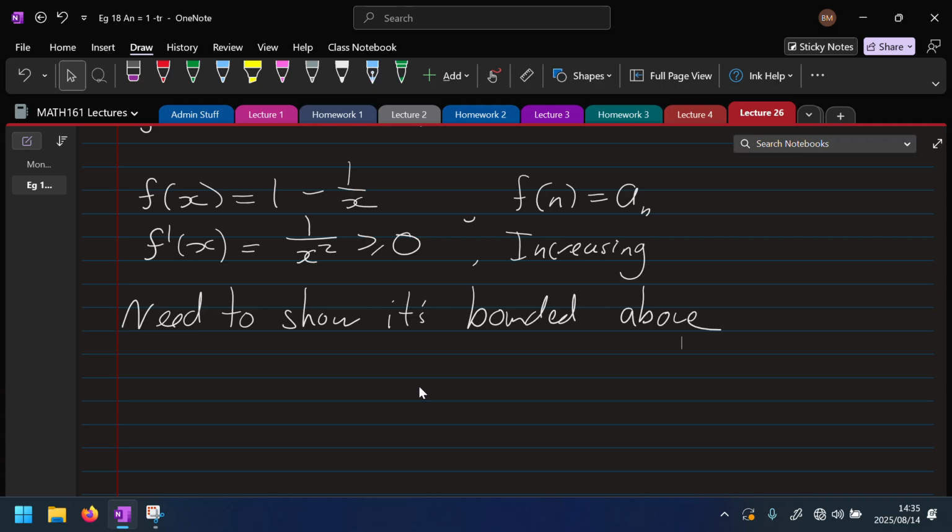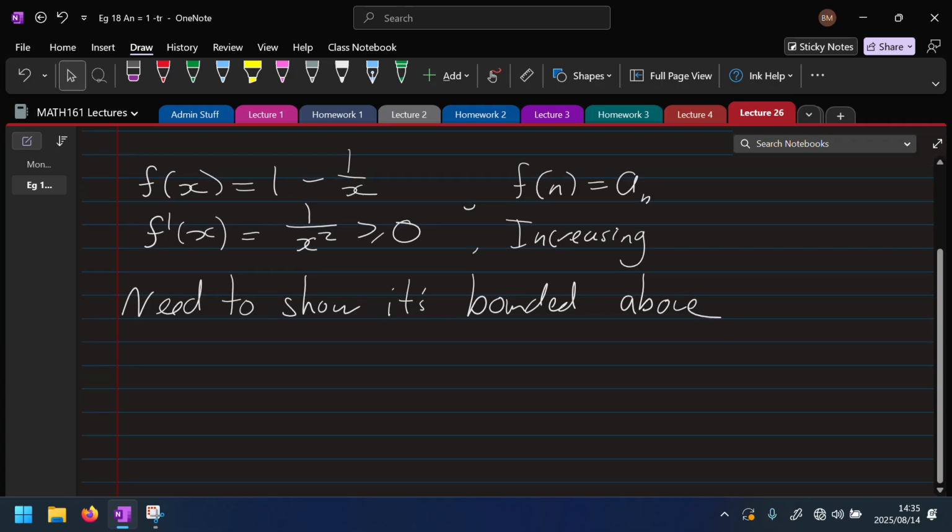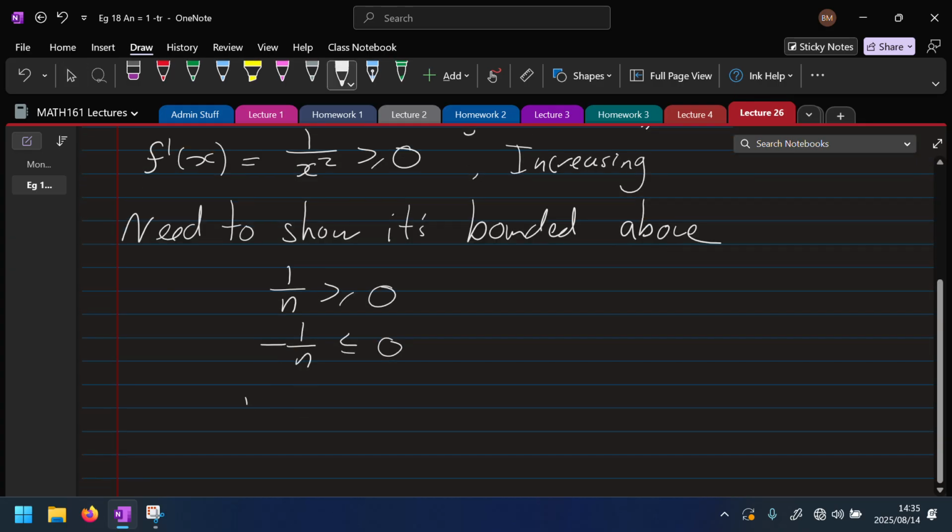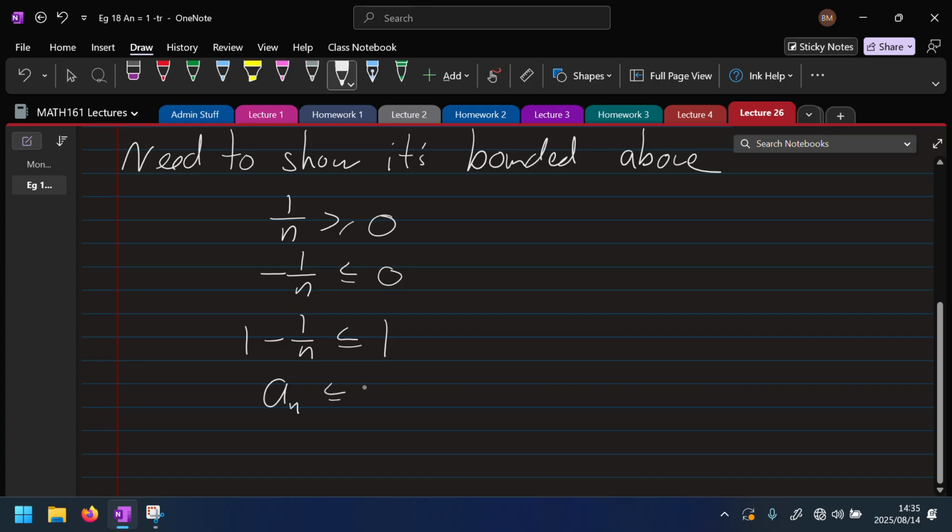Let's go with 1. How can we show that everything is less than 1? Well, we know that 1 over n is always positive. So minus 1 over n will always be negative. If we add 1 on both sides, we get 1 minus 1 over n is less than or equal to 1. But 1 minus 1 over n is our sequence a_n. So we've shown that a_n is less than or equal to 1 for all n.